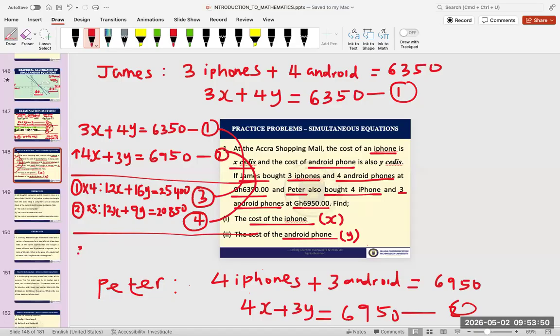So we do 3 minus 4. So 12x minus 12x will give us 0. And then 16y minus 9y will give us 7y.